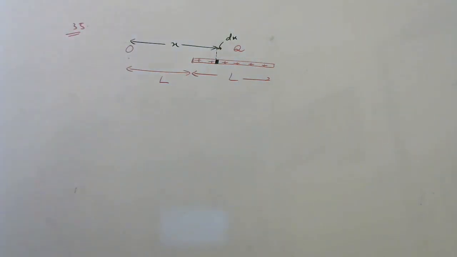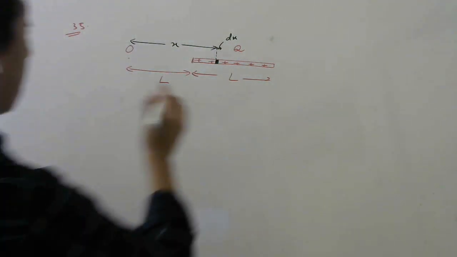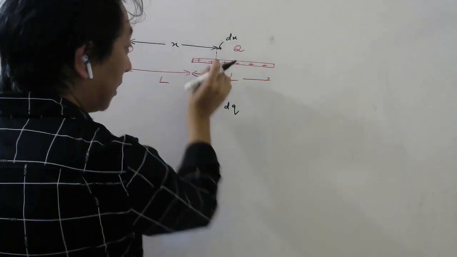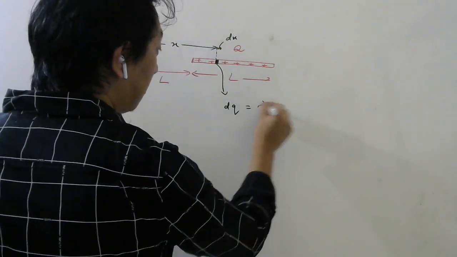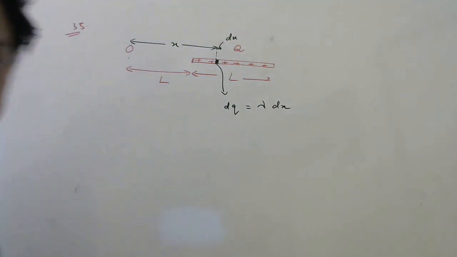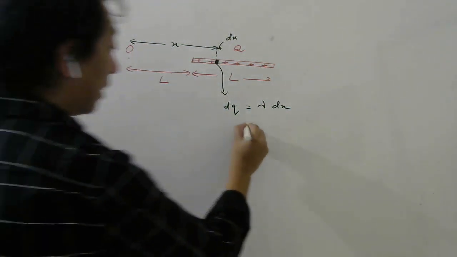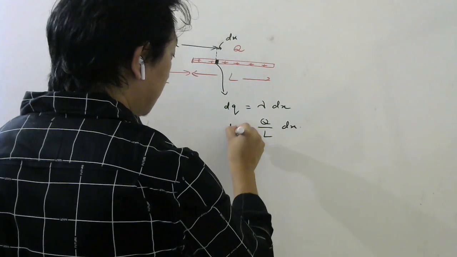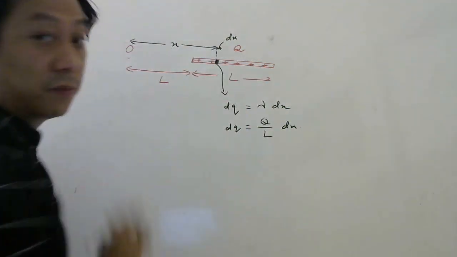If this is x, this will be dx. Now the charge on this part, since it is uniformly charged, I can write as lambda into dx, and lambda I can write as total charge by total length into dx. This is allowed because the charge is uniformly distributed.